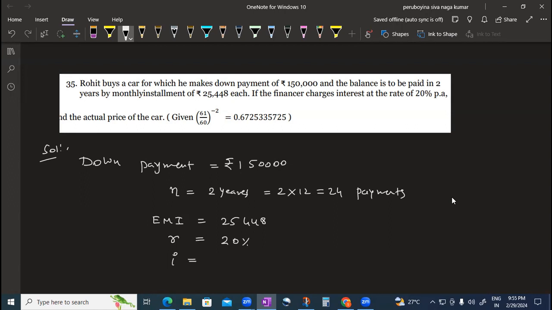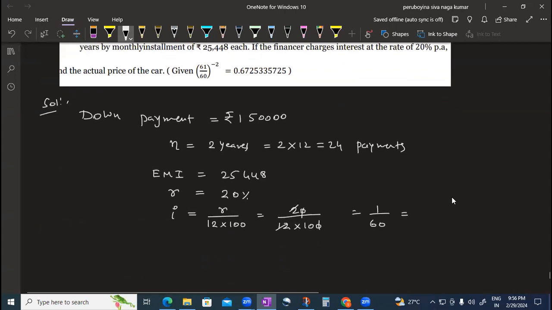So the I value will be R divided by 12 into 100, that is 20 by 12 into 100. The 0 gets cancelled, so it is 1 by 60. You have to keep that same 1 by 60.